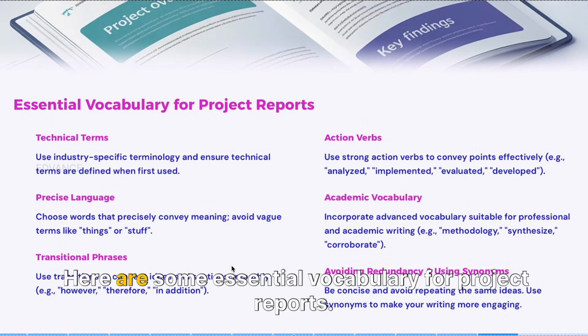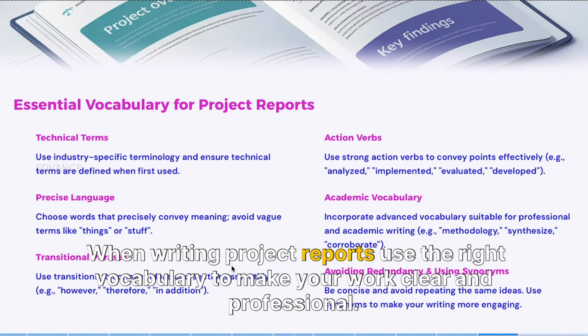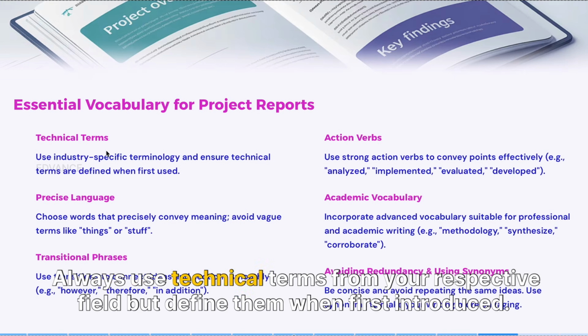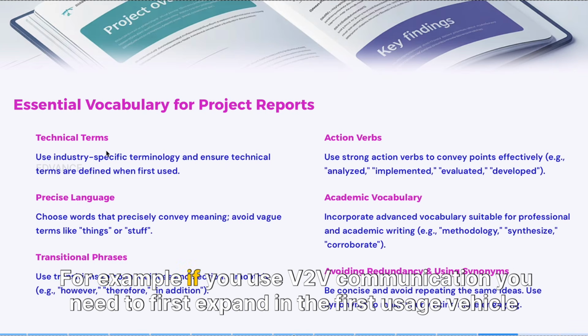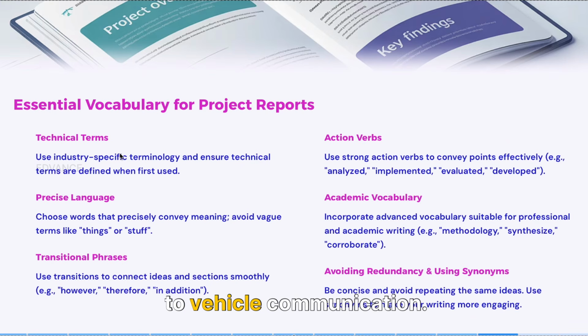Here are some essential vocabulary tips for project reports. When writing project reports, use the right vocabulary to make your work clear and professional. Always use technical terms from your respective field, but define them when first introduced. For example, if you use V2V communication, you need to first expand it on first usage as vehicle to vehicle communication.